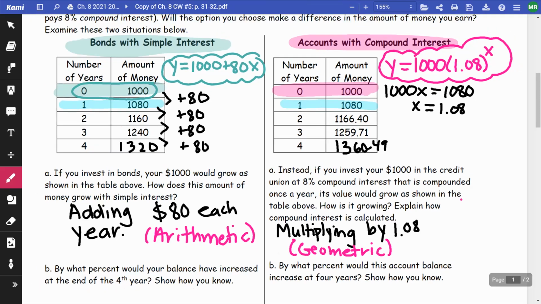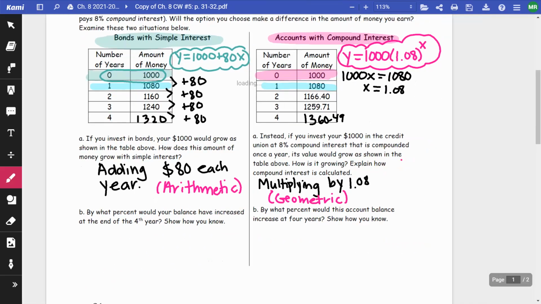So then on part B, they're asking us what percent would your balance have increased by at the end of the 4th year? They're asking us for both tables. So what I'm going to do is look at how much we have in year 4, which is 1,320. I'm going to subtract what we started with. So by year 4, we earned $320.